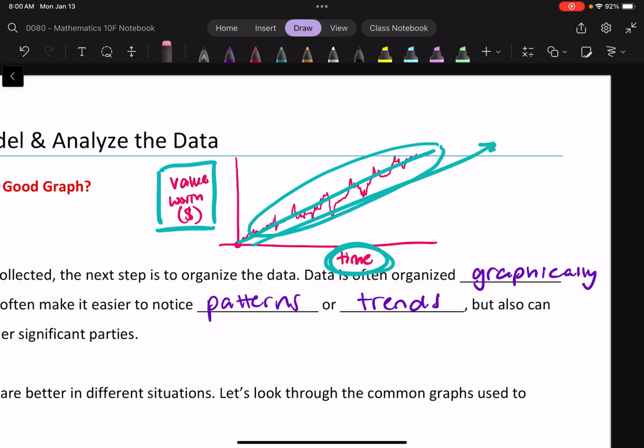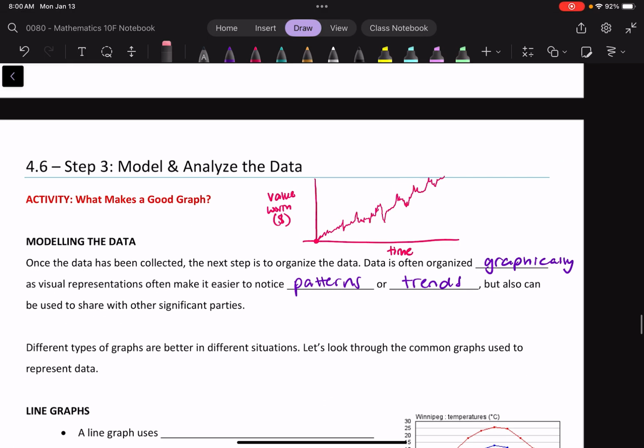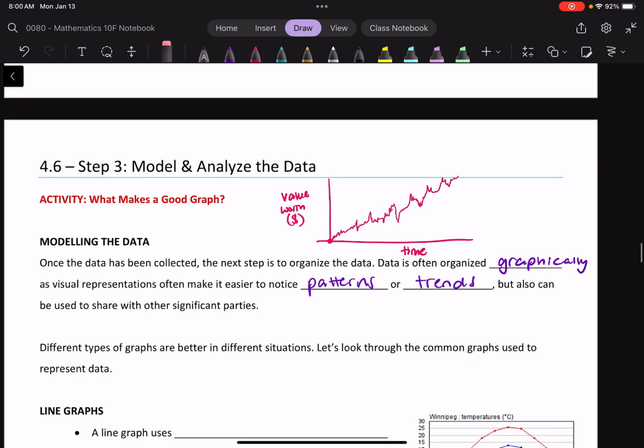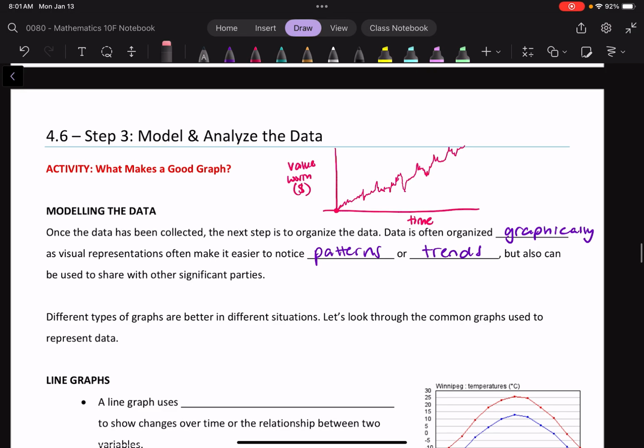And we'll talk a little bit more about what trends are later on. But just so that we have an idea, we're not writing down a word and then figuring out what it is later, but having a sense of what that means right at the beginning. Okay, so when we collect data, depending on what our data is, sometimes there's different ways to represent it, because there's more than one way to represent a graph.